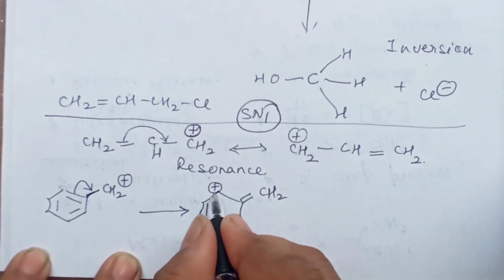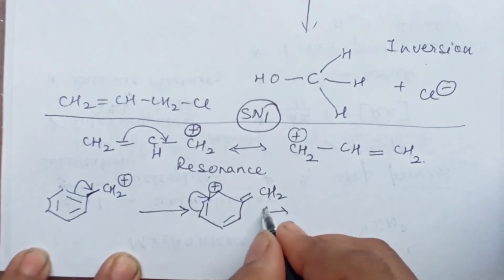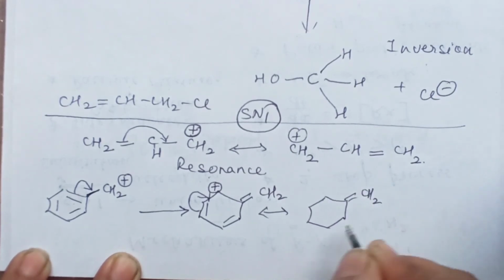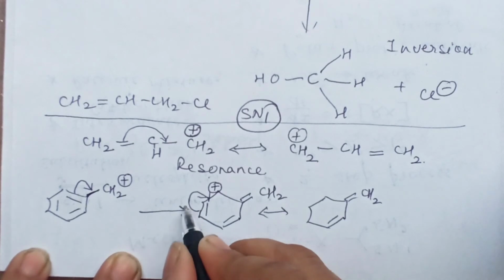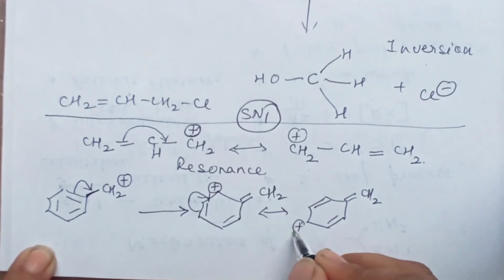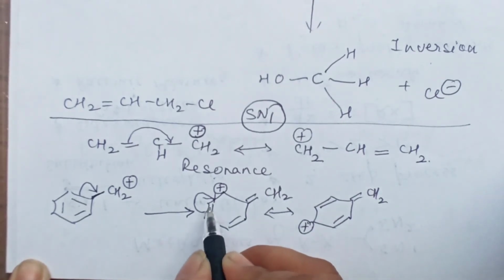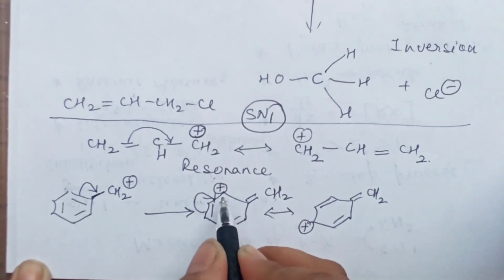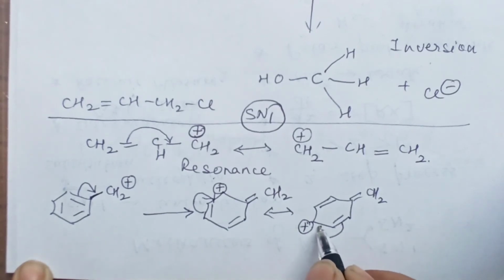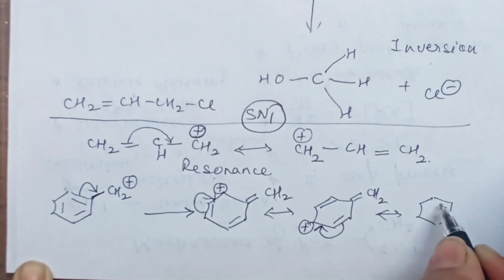Now to fulfill this positive charge, this will try to shift here, right? So you will have the next structure. In the next structure, this is again a double bond, no change we made. Whatever changes we are making, this has come here means this will now be a double bond. There will be a positive charge shown here, right? So to see to it, these electrons move in one direction, not that you start moving them in any direction. Now to complete this, it will come here. So when this comes here, what changes we made, we are going to represent in another structure.